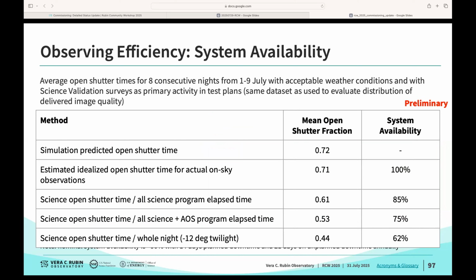Right now, if you take into account the various faults and our ability to recover from them, as David was just describing, we have about 85% system availability. If you include the time when we are improving our AOS performance, it's about 75%. And if you include the total open shutter time, including some of the administrative controls that we currently have in place, it's a little over 60%.